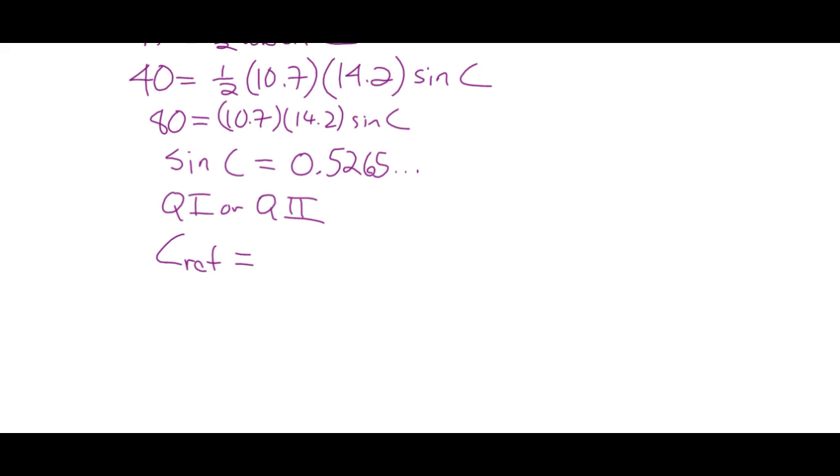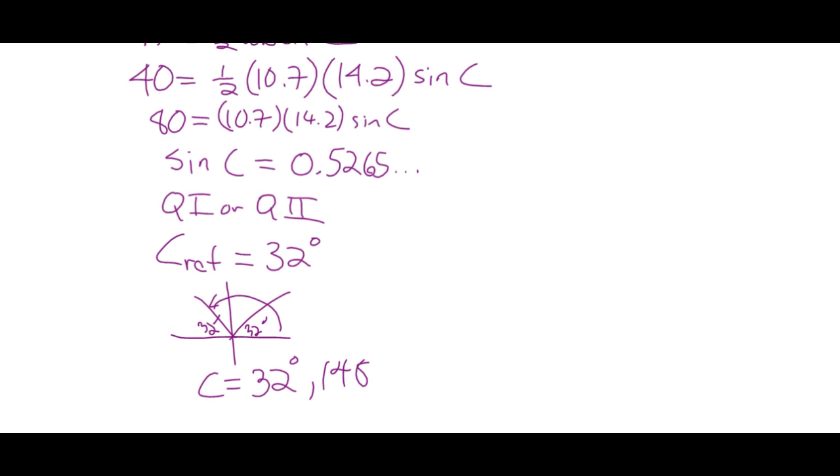Did it say to the nearest degree? Okay, so what is it? 32 degrees. Okay, so then our angle is 32 degrees, or what? 180 minus 32, so 148 degrees.